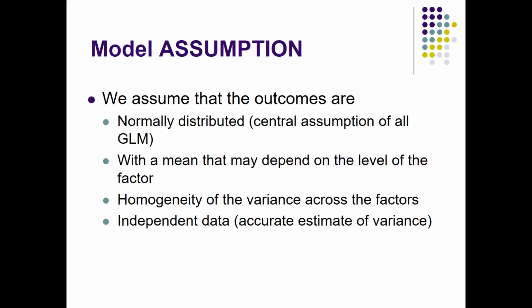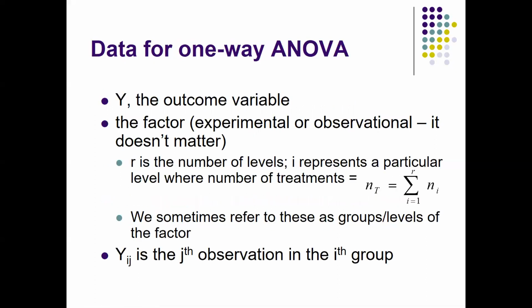That's homogeneity of variance. And then independence of the data. So again, right now we're going to assume the data is IID. And then what we're going to see is the mean, the predicted outcome, depends on the level of the factor. So now with the regression model to the ANOVA model, one of the things we're going to see is not only are the errors normally distributed, but in the ANOVA model, the cell means are normally distributed. And we're going to see what that looks like.